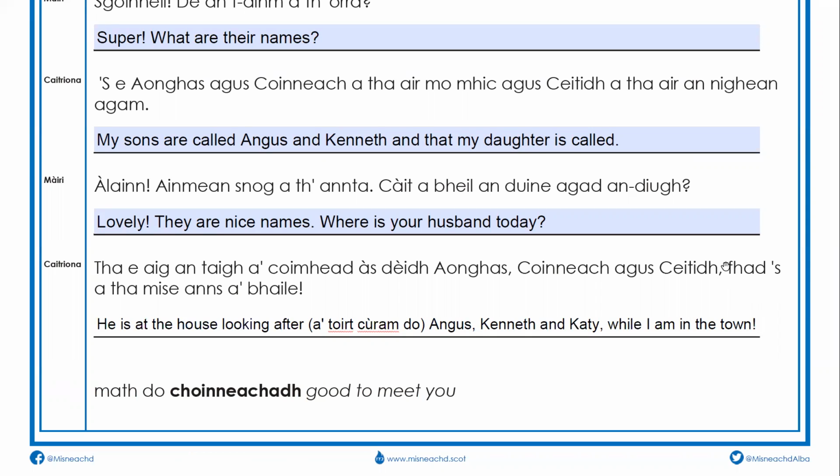So fad, we saw that looking at the time. Fhad 's a tha, while, it means here, while I am anns a' bhaile, in the town.